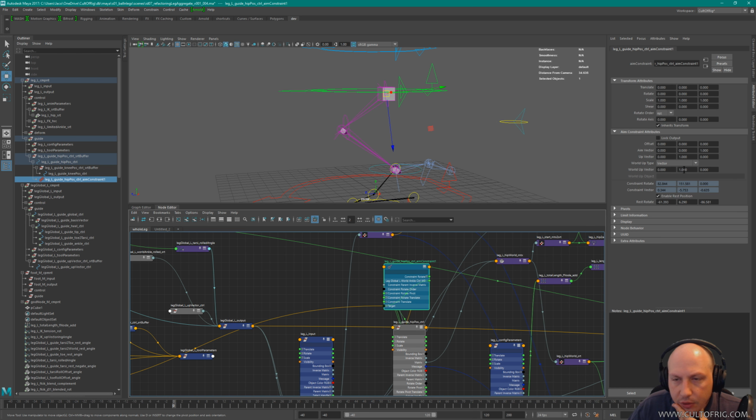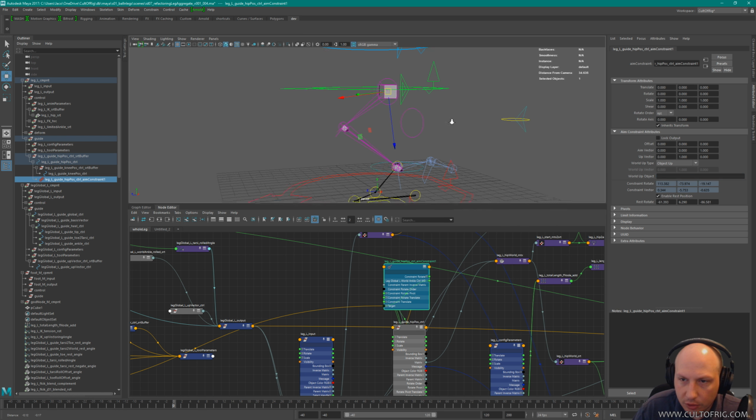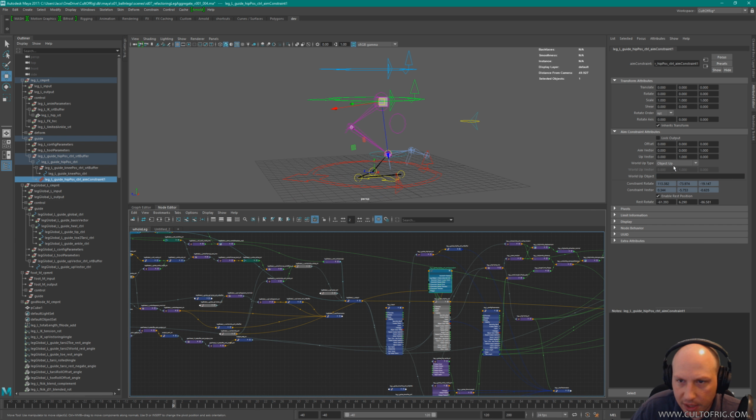So world.vector, we should be able to just connect our vector in there. So, or I can use world object. Do I need to give it the path? I don't like these a great deal.